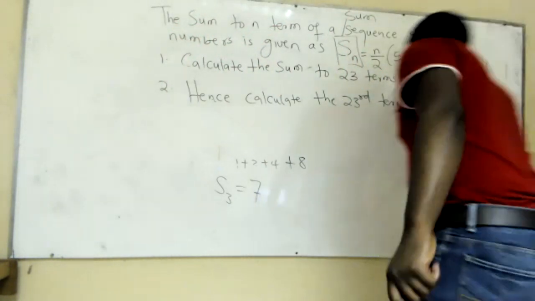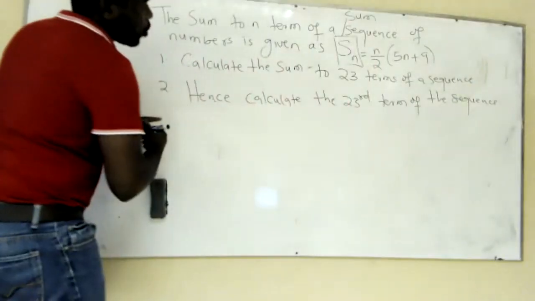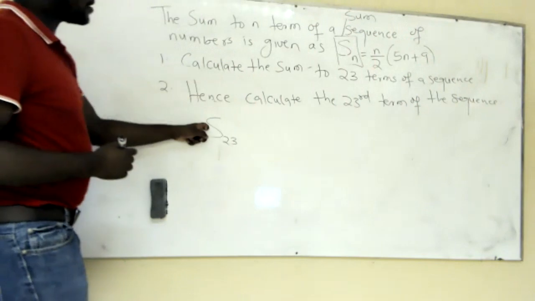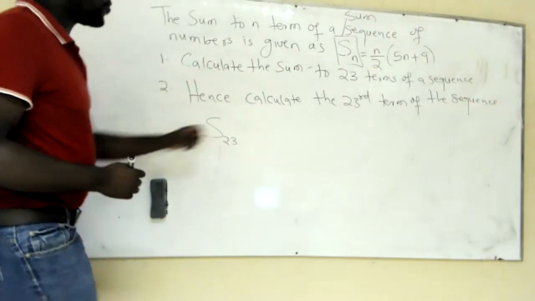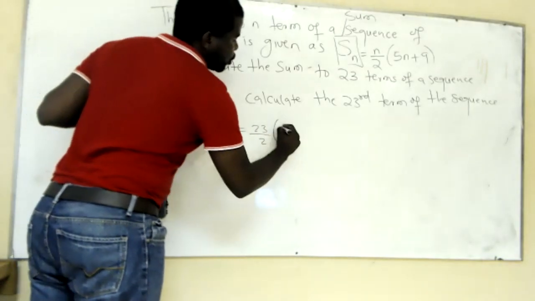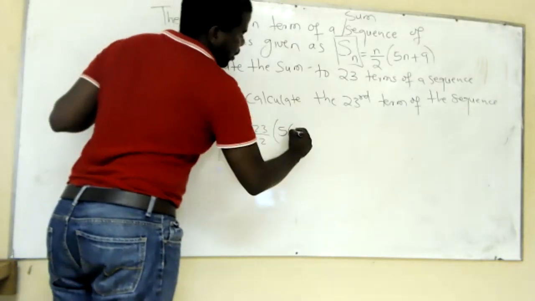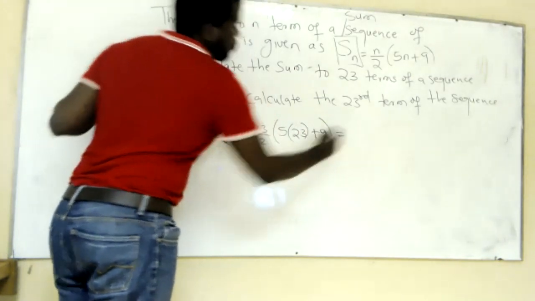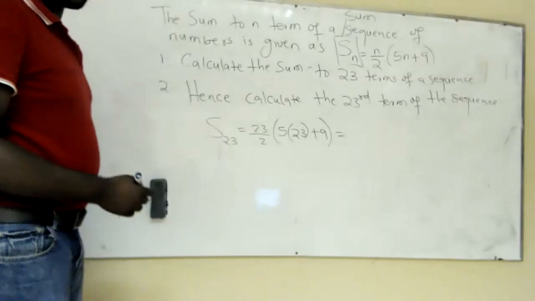So now let's substitute and see what we get. We're going to have S23, which you read as the sum of 23 terms, equal to 23 over 2 into 5 times the number of terms, 23, plus 9. Can you put this into your calculator and tell me the answer you get?